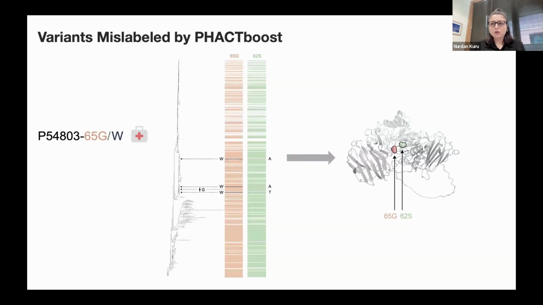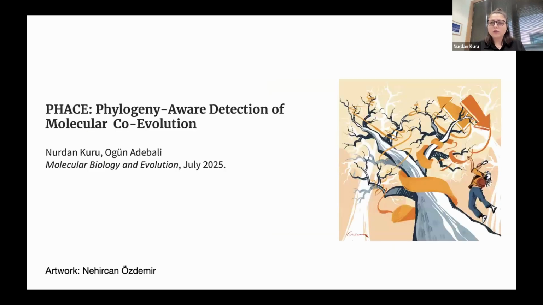Firstly, developing a coevolution algorithm using our idea of using just phylogenetically independent substitutions, rather than just using the multiple sequence alignment. The second step is combining this coevolution algorithm with variant effect prediction. And we already solved the first part.